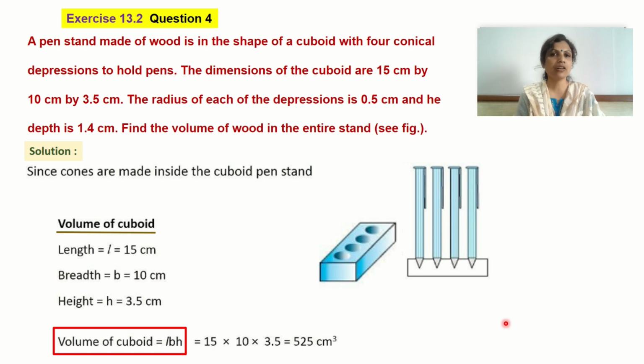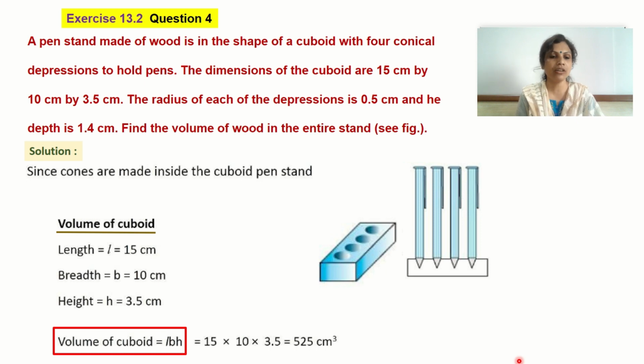Look at the figure children, how it is shown. An interesting sum, but looks slightly difficult, but it is not, it is easy. What we have to do is find the volume of the wood in the entire stand, and we are given that conical depressions are there in the wooden stand.